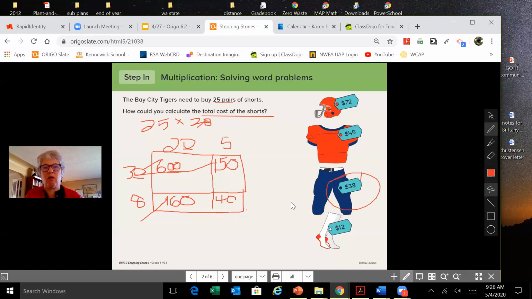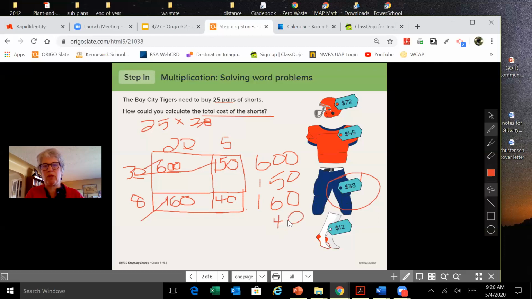Okay, so I'm going to have 600 plus 150. Noticing I'm doing the best I can of getting my place values lined up. And I'm just checking my time here. Okay, and then I'm going to add my 40.